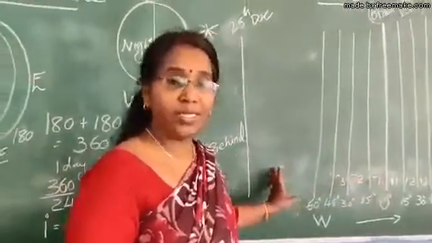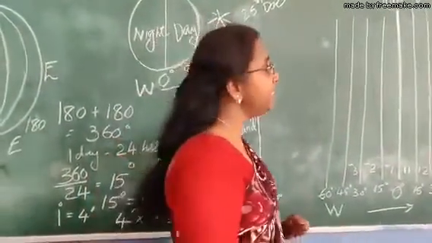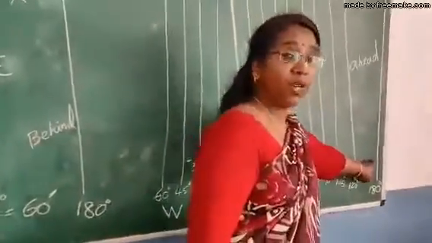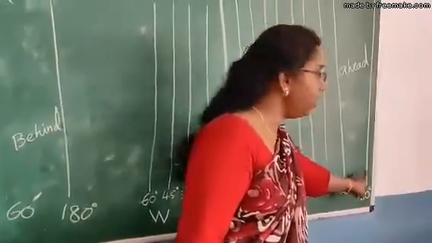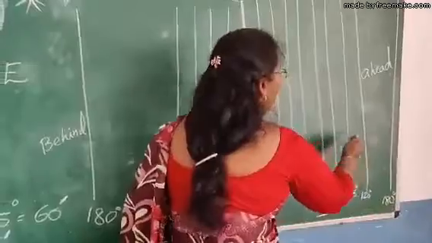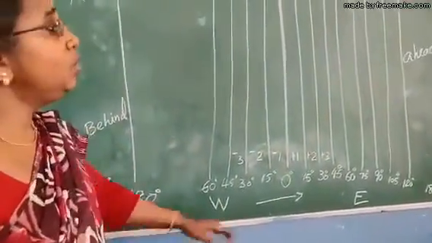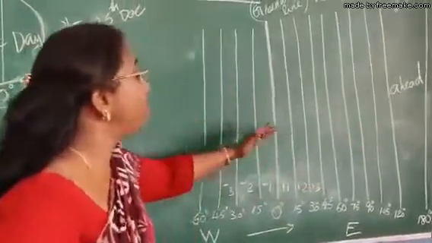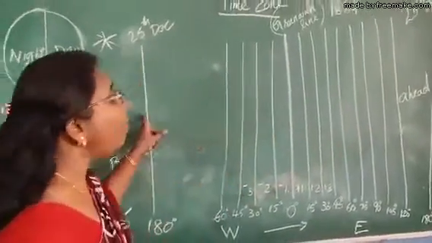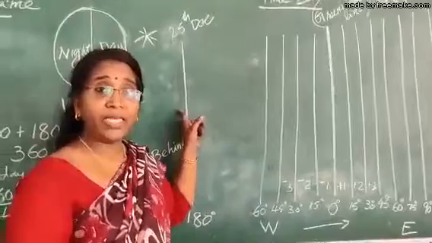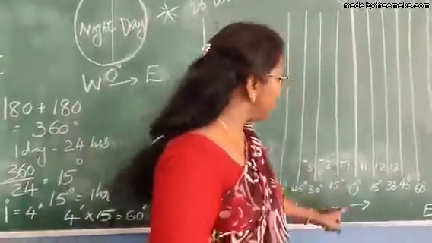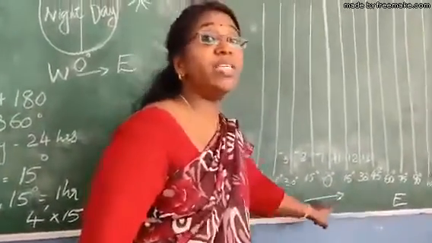So 1 day is over, isn't it? Suppose for example, imagine that you are traveling from 180 degree longitude, crossing all these places and reaching here. That means you have traveled 24 hours. Now one of the important factors you have to remember is that the earth rotates from west to east.